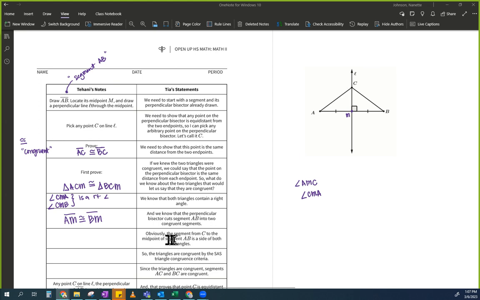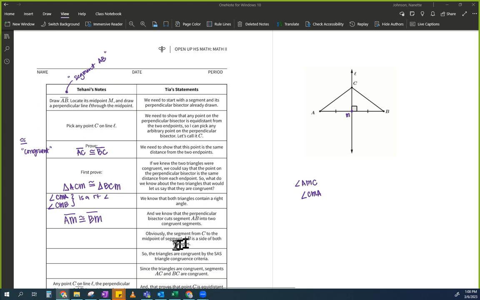Then it says, obviously, the segment from C to the midpoint of the segment AB is a side of both triangles. So who are they talking about?